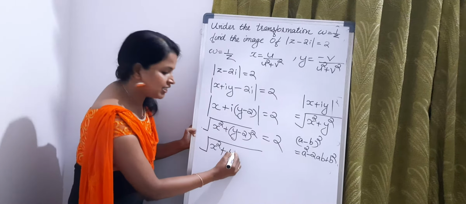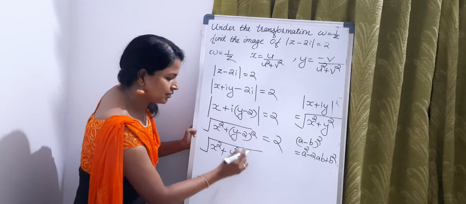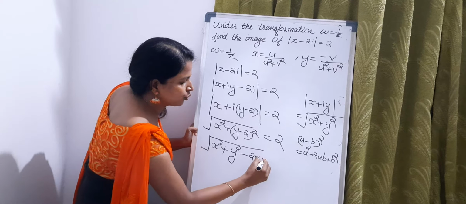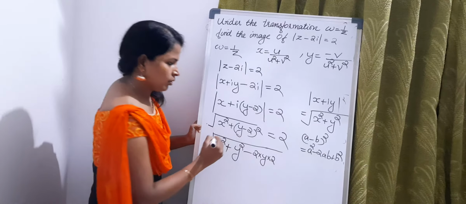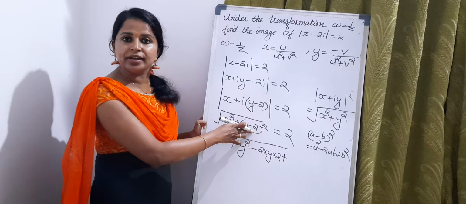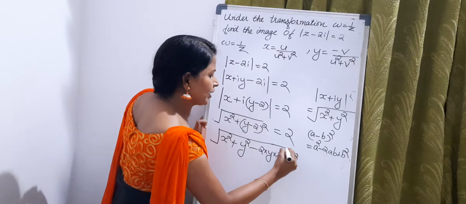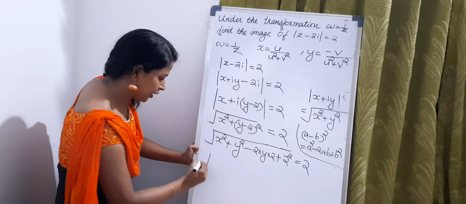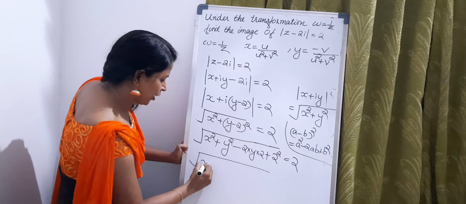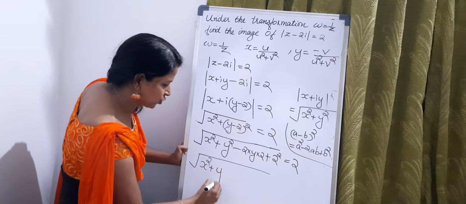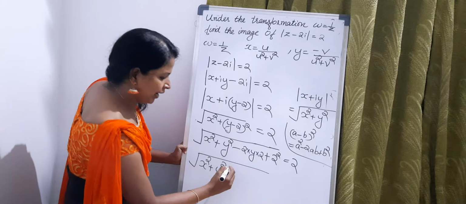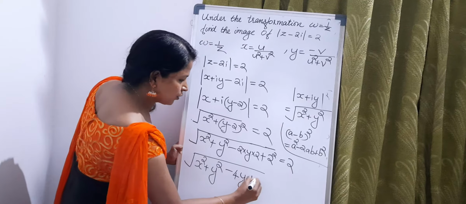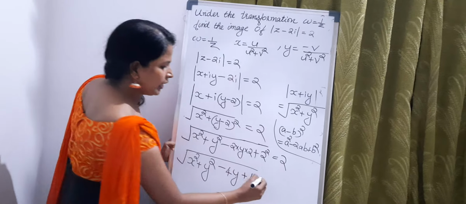So y square minus 2 into y into 2 plus 2 square, equal to 2. That is square root of x square plus y square minus 4y plus 4 equal to 2.